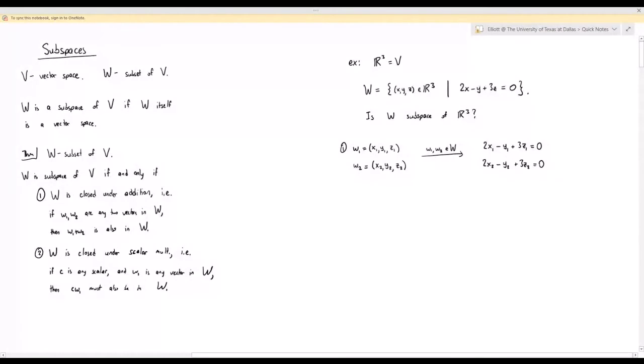All of this I've written down is one of our assumptions going into this part of the problem. Now we need to check if the sum of these two vectors will also be in W. The first thing we should do is add our two vectors together. So let's add W1 plus W2.